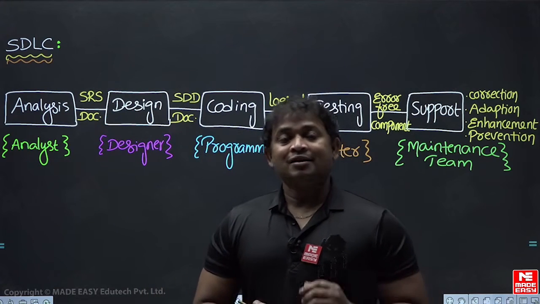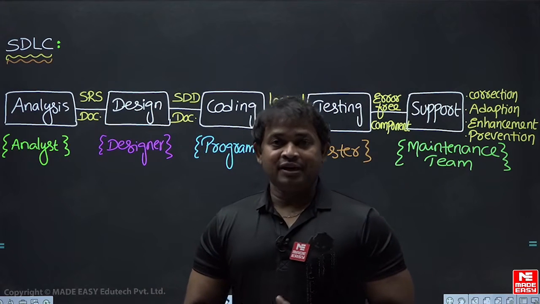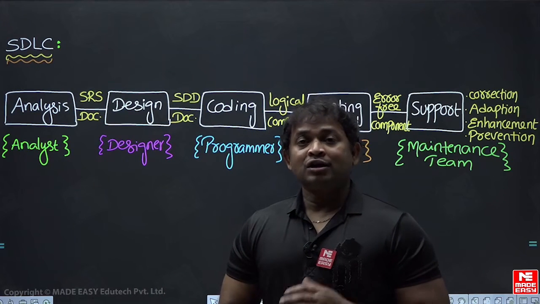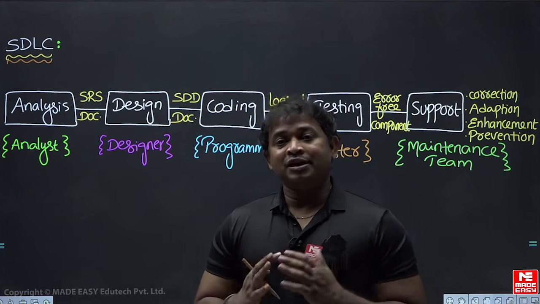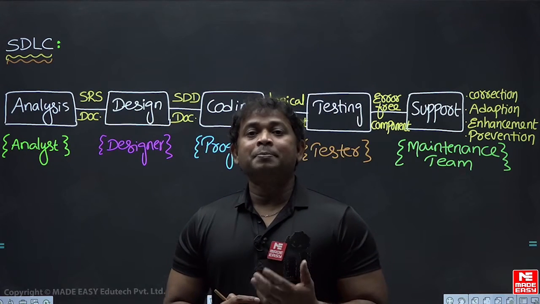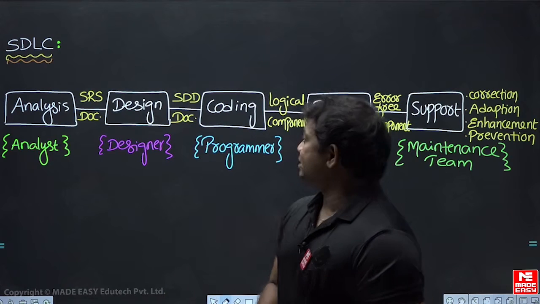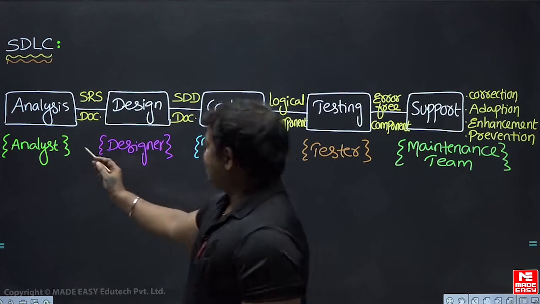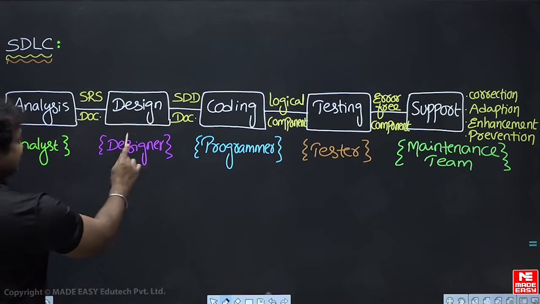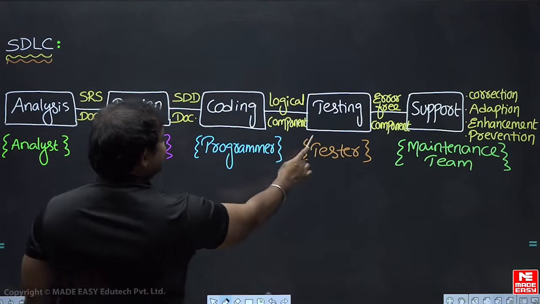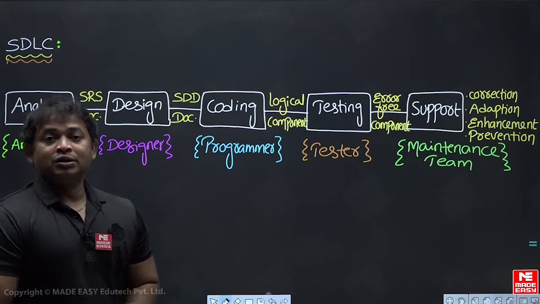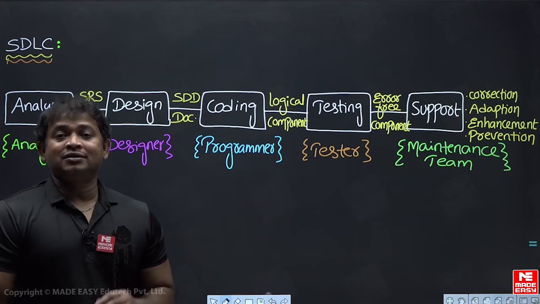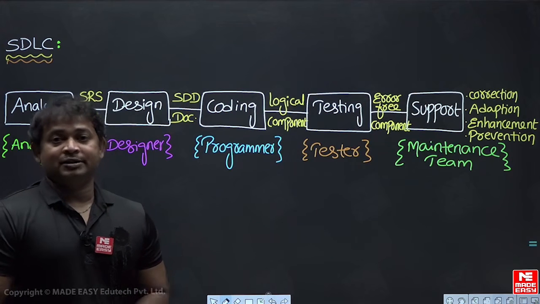In SDLC, the software development life cycle, a total of 5 stages are there with the combination of development and maintenance stages, named requirement analysis stage, design stage, coding stage, testing stage, and support stage.